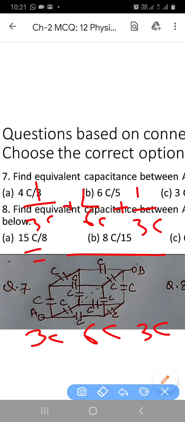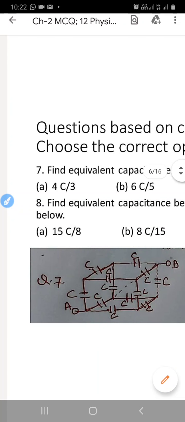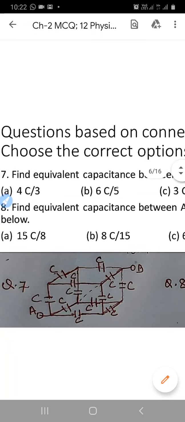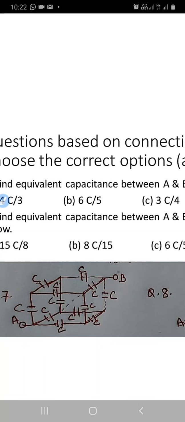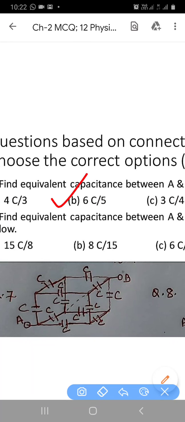Taking LCM 6C, so 2 plus 1 plus 2, that is 5 upon 6C. Taking the inverse of it, the equivalent between A and B is 6C upon 5. So for the cube, the option is B.